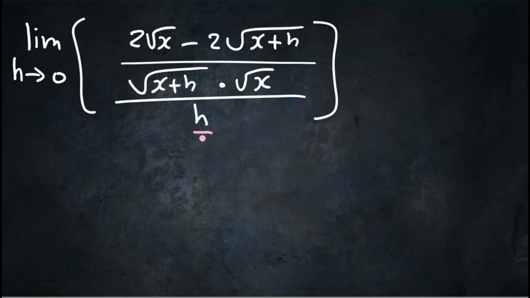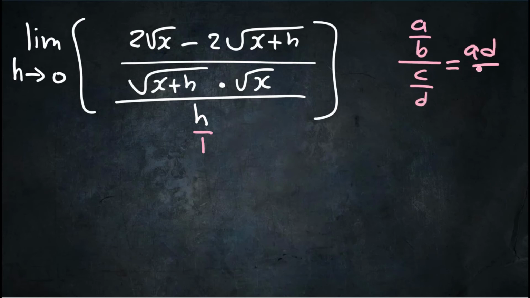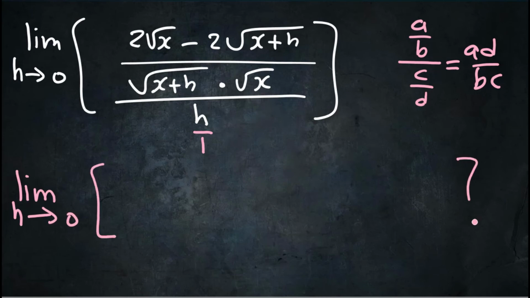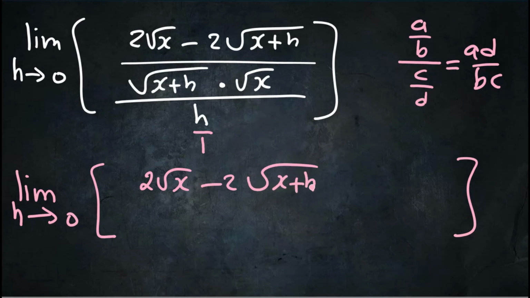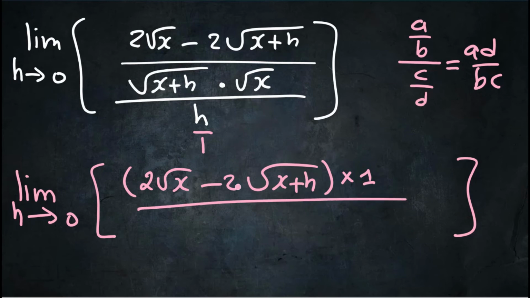Now this is h over 1, a over b over c over d, AD over BC, limit when h approaches 0 of 2 root of x minus 2 root of x plus h times 1 over root of x plus h times root of x times h.